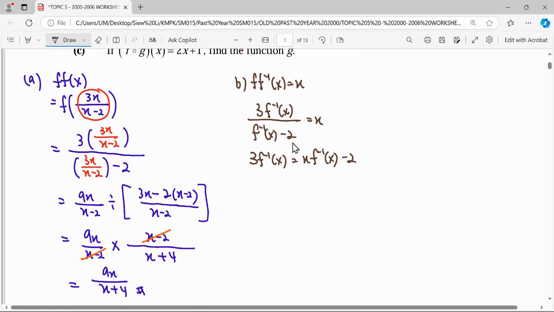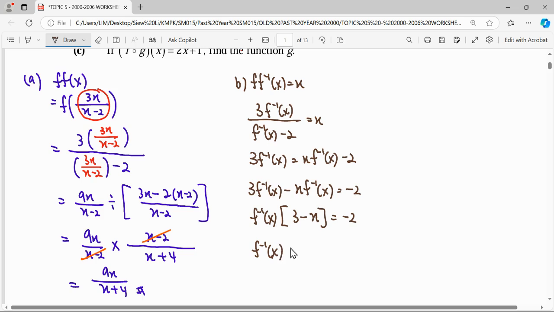After that, we collect our f inverse terms to the left hand side, factorize out f inverse, and you can get 3 minus x equals negative 2. Then when you move it back to the right hand side, it becomes the answer.